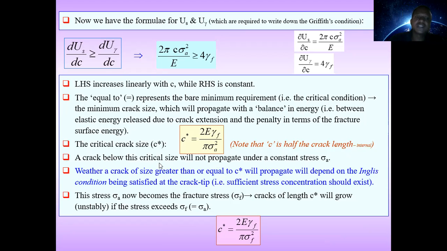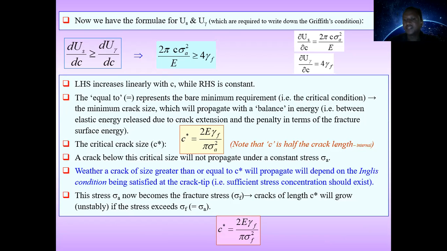A crack below this critical size will not propagate under the constant stress sigma a. Whether a crack of size greater than or equal to C star will propagate depends on the Griffith condition being satisfied at the crack tip. A sufficient stress concentration should exist. This stress sigma a now becomes the fracture stress sigma f.